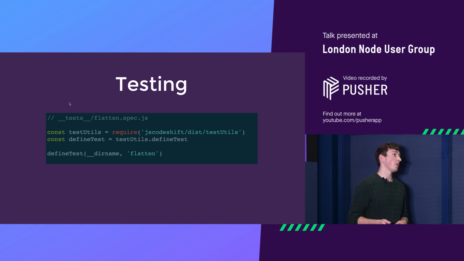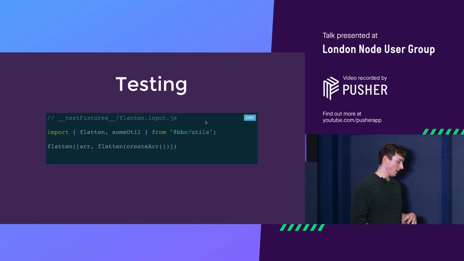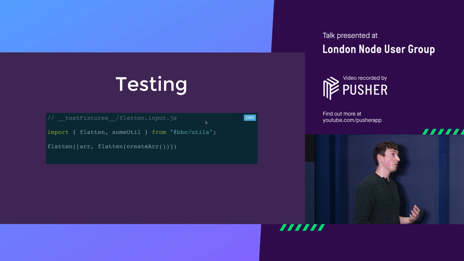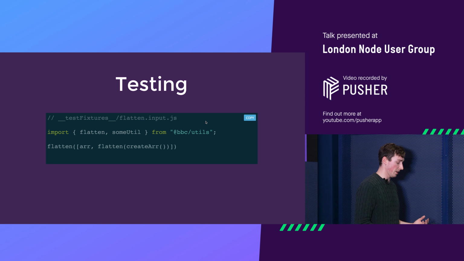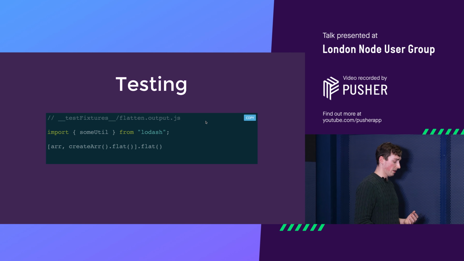If you decide to write a transform, JSCodeshift has awesome testing utils. Testing is always difficult, but with JSCodeshift it's kind of a solved problem. They export this test utils library, and you simply define a test, pass it the current directory name and the name of your transform, and then you write an input file that has all of the source code that you want to input into your transform, and an output file that has the desired output of your transform.